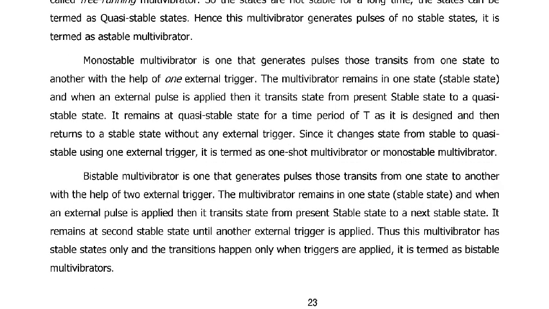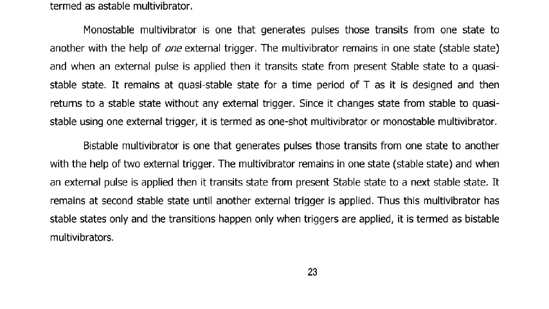Next we will discuss the bistable multivibrator. A bistable multivibrator generates pulses that transit from one state to another with the help of external triggers, because both states are stable.